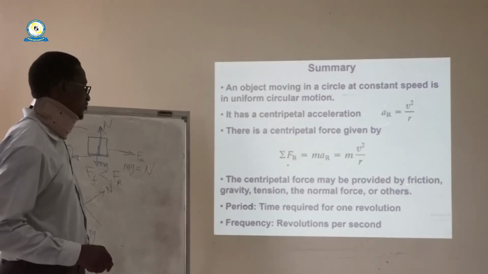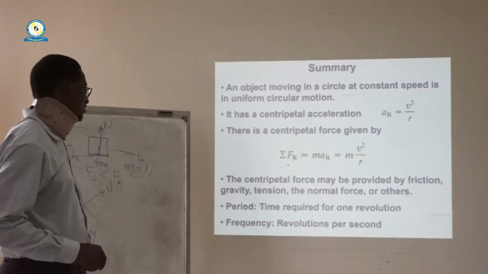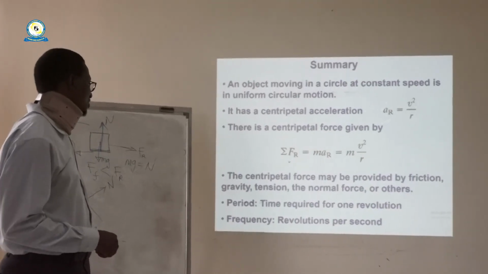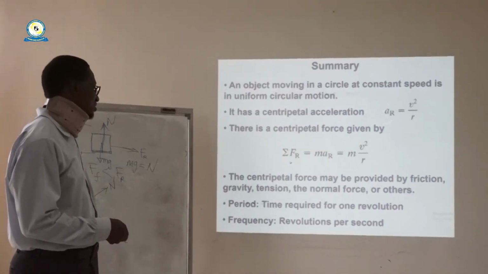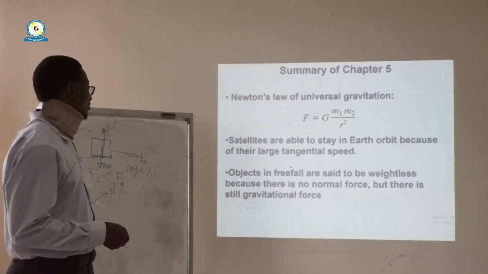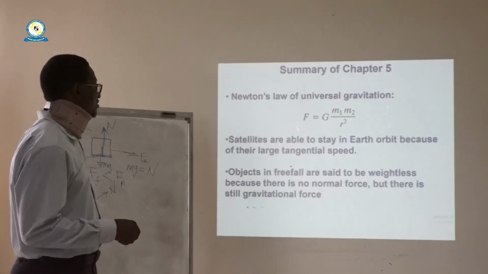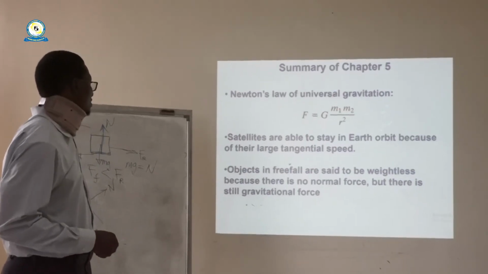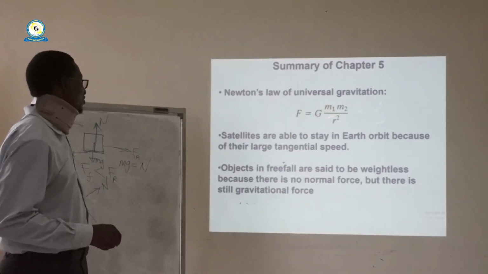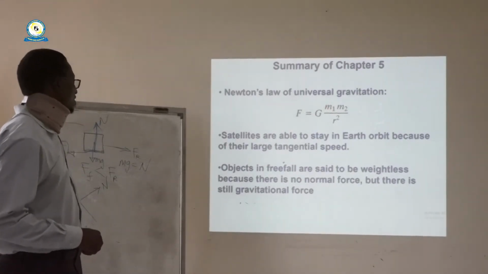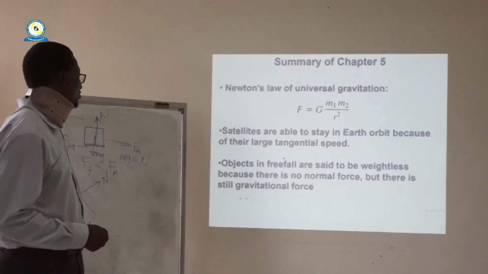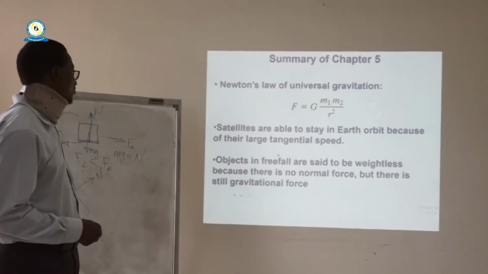Or friction, we saw examples. Gravity, we saw. Period is the time required for one revolution, frequency is revolutions per second. Newton's law of universal gravitation, we saw this one. Remember this mathematical representation of the law. Satellites are able to stay in Earth orbit because of their large tangential speed.